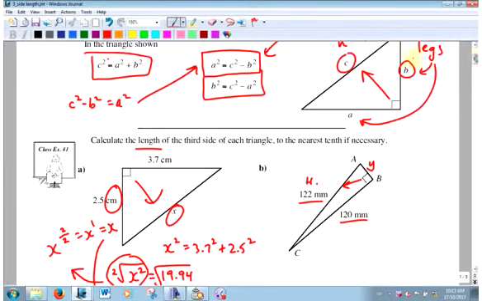So I probably want it in this form. Let y be a. So y squared is c, 122 squared, minus the other leg, 120 squared. So right away, it's in the form I want. I don't have to mess around with adding or subtracting algebraically, right? Because I already did that first.